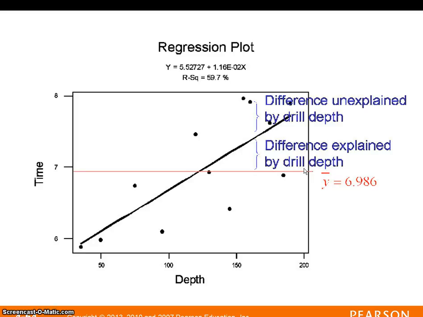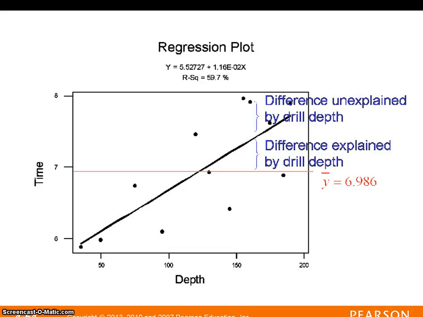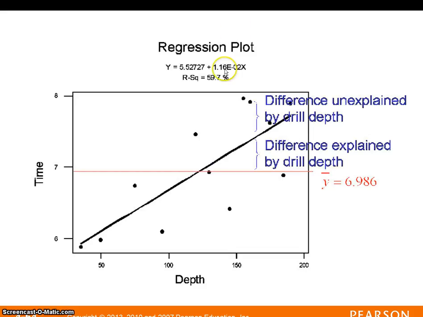So you can think of R squared as explaining the difference here. The difference between the observed value of the response variable and the mean value of the response variable is called the total deviation. In this case, this would be the total variation from here to here.